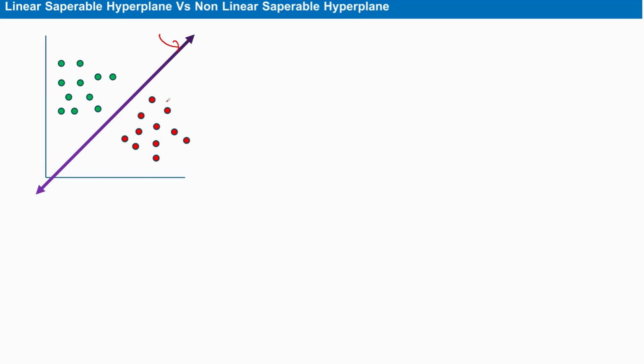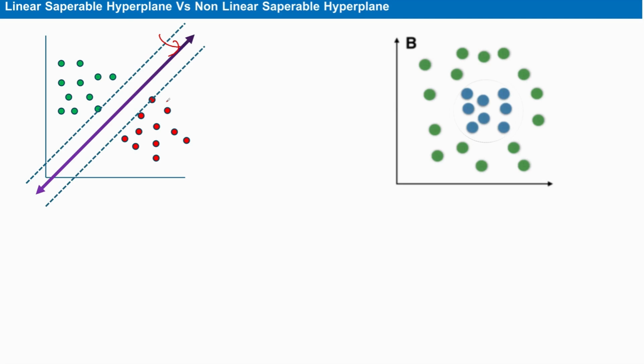But if you have a non-linear data set, for example a data set like this, and I use a linearly separable hyperplane, for example like this, it does not properly distinguish between the positive and negative examples.